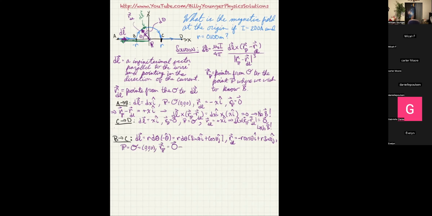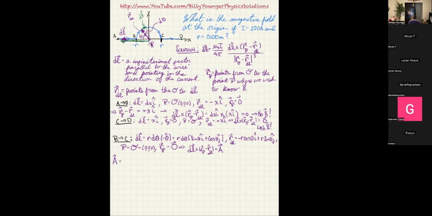So now we can work out what DL cross r P minus r DL is going to be. We know what our DL is. It's this nasty thing. So I'm going to call this just plain A, just so I can write it a lot smaller. I'm going to put A right here.